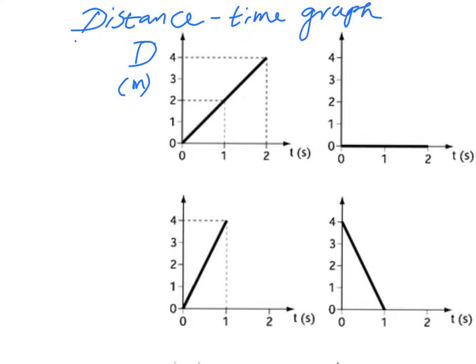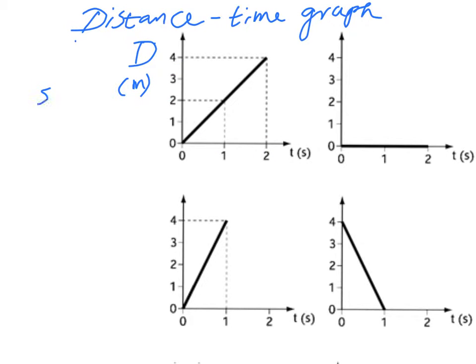It's different for a speed time or velocity time graph, but it's really important for you to make a note of that. So how we can work out the speed is pretty straightforward here. As you can see, it's moved 4 meters in 2 seconds. So to work out the gradient is pretty easy. You can divide 2 by 1 or 4 by 2.